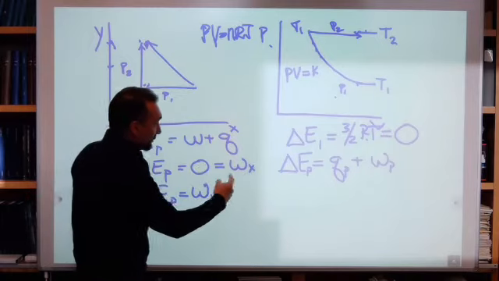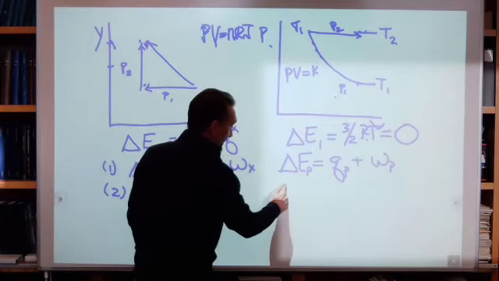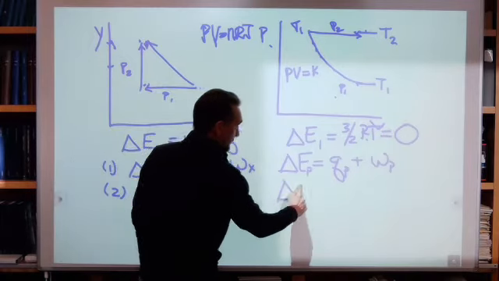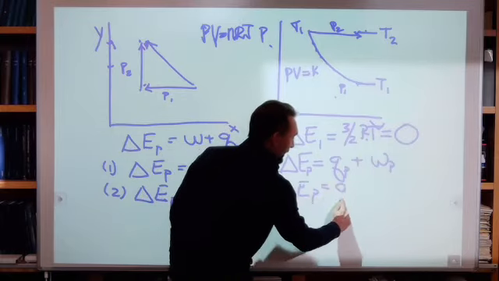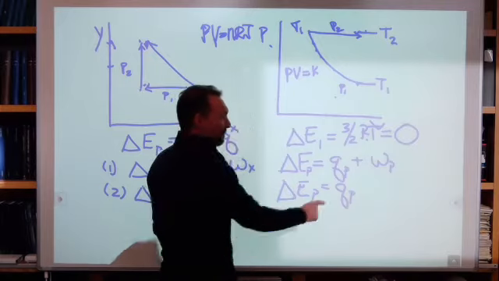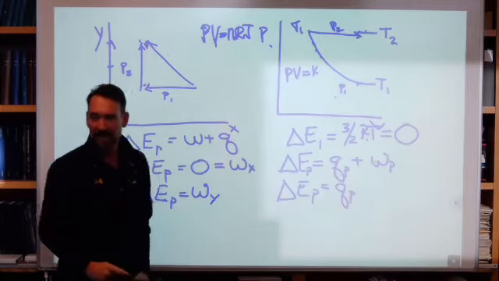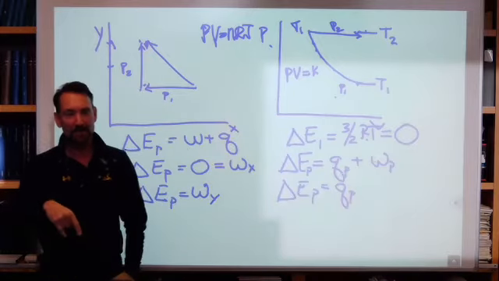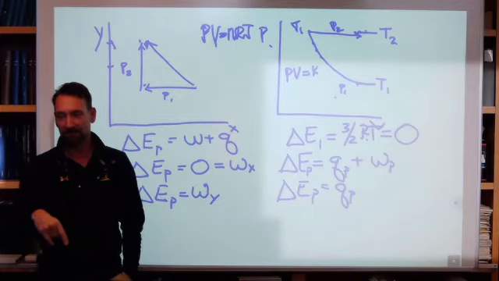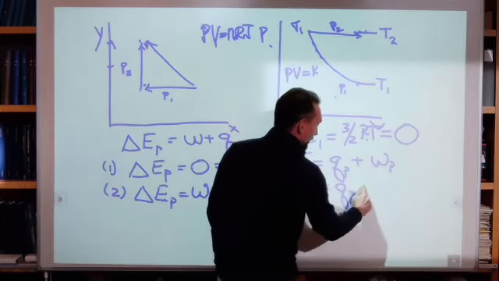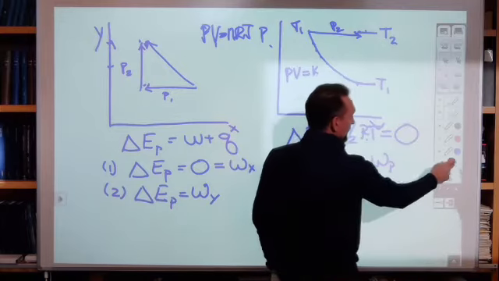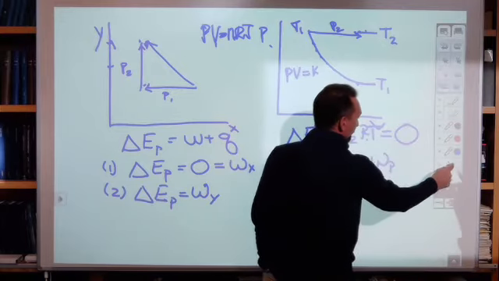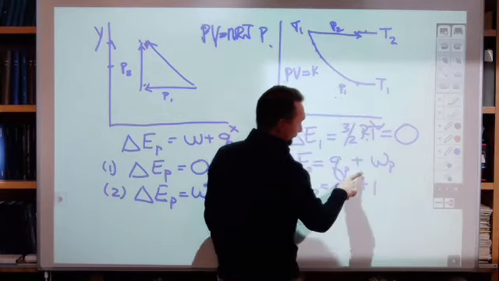So I can write down then that delta E sub P is Q_P, which I don't know, but work for a gas, we do know. It's minus P delta V. So this work part is actually minus P delta V. We found that.